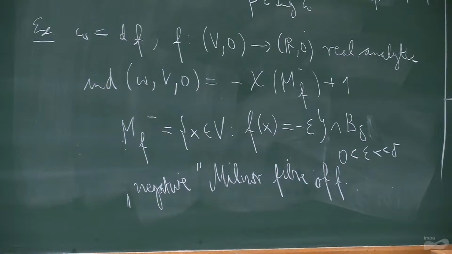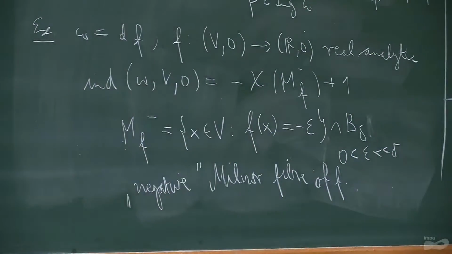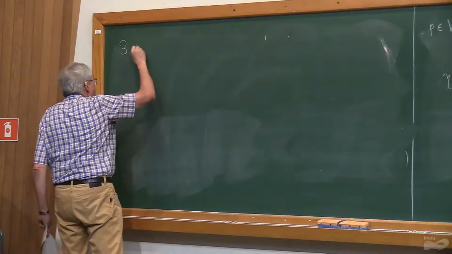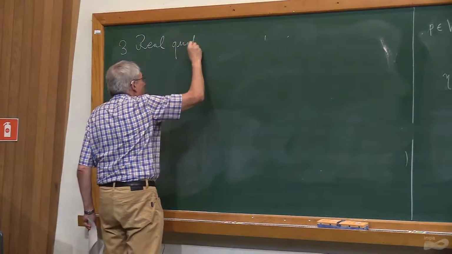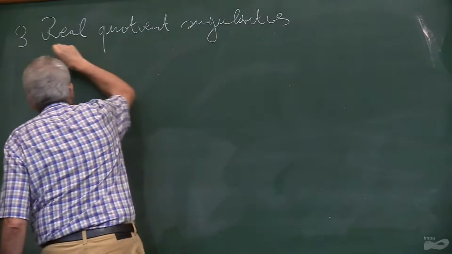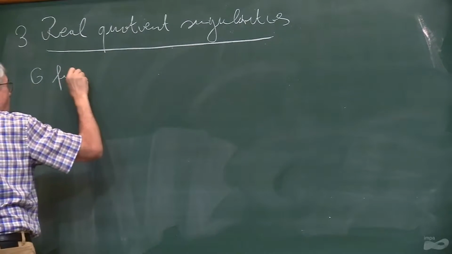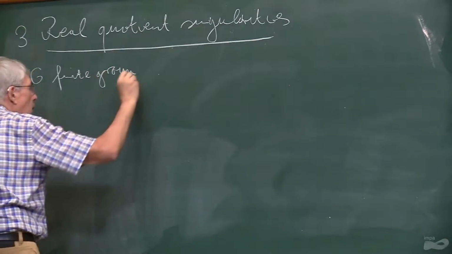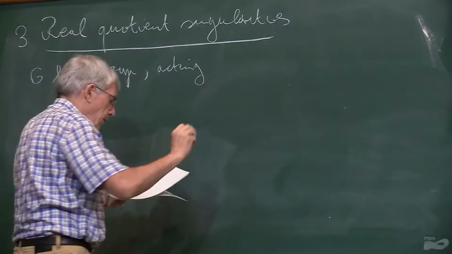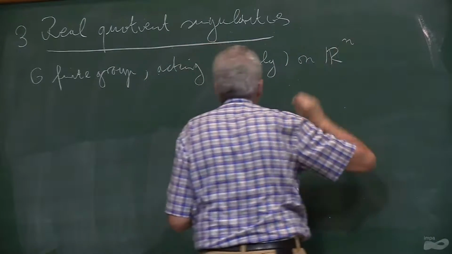So this is the radial index, and now I want to talk about real quotient singularities. We consider a finite group G acting linearly on Rn, and hence also on Cn.